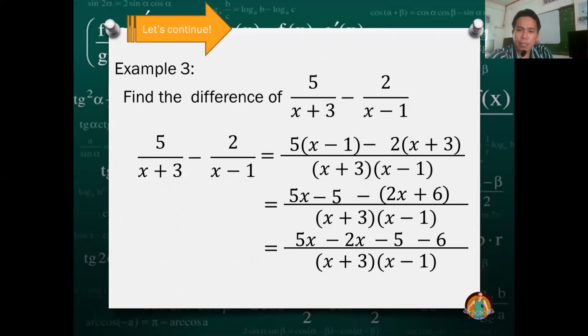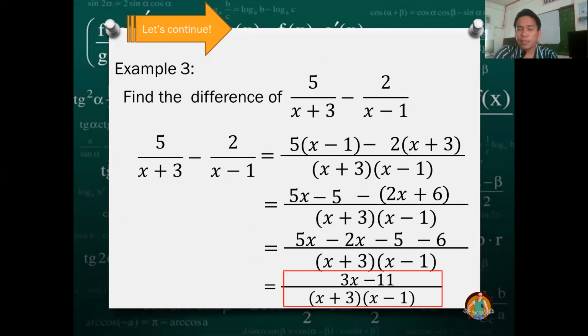So yung positive 6 kanina, magiging negative 6 na siya kasi nga subtrahend siya, we will change the sign. Okay? So we will combine like terms. 5x minus 2x will give us 3x and negative 5 and negative 6 will give us negative 11 and that will be our final answer.